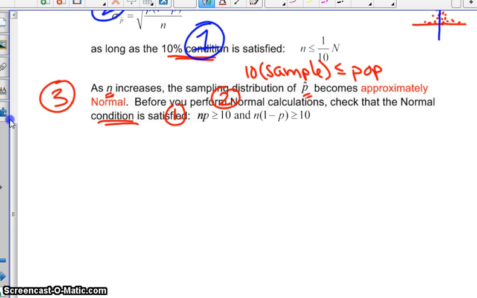So n times p, where n is your sample size and p is your proportion that fits a characteristic, almost like your proportion of successes. So my number of successes is greater than or equal to 10. And n times 1 minus p, your number of failures, is greater than or equal to 10. How many successes do I expect? How many failures do I expect? That's where we come in with that idea.